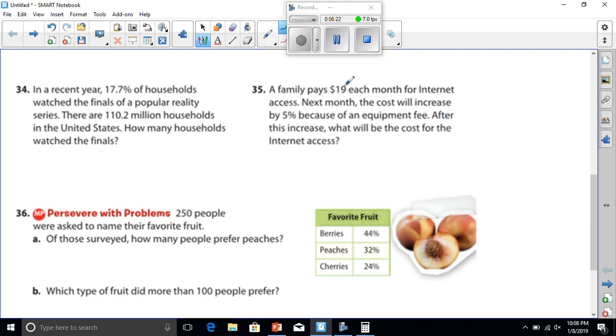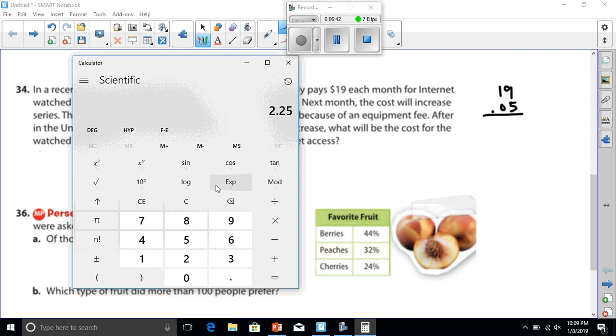Well, first of all, let's find out what that increase is going to be. We have $19. We're going to have to multiply that. Remember, we're moving the decimal over twice. So we're going to multiply that to 0.05. Well, 19 times 0.05 gives us 0.95.